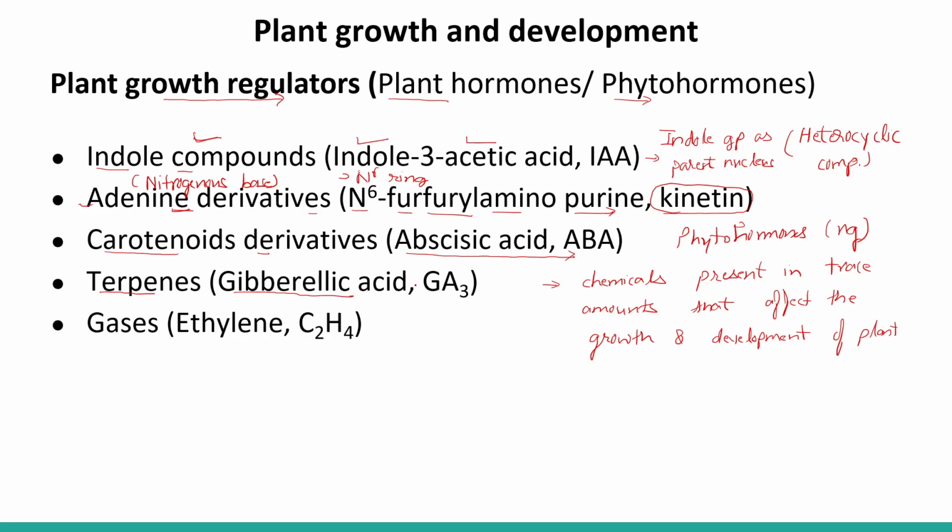Many gibberellic acids have been discovered, but GA3 is the most important one, and the first discovered gibberellic acid. And then we have the gaseous hormone, which is known as ethylene, C2H4. This is also a volatile hormone. It is gaseous in nature.